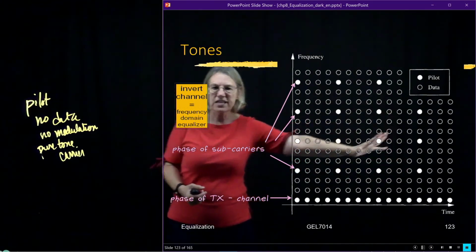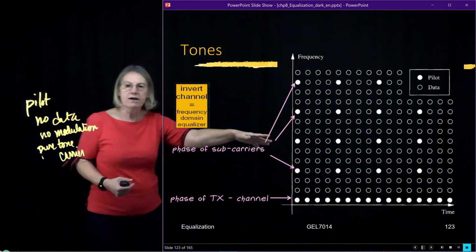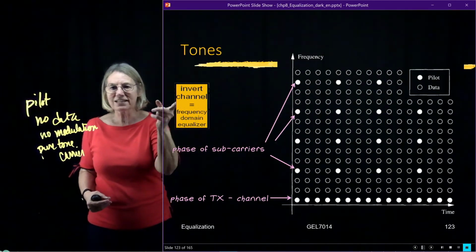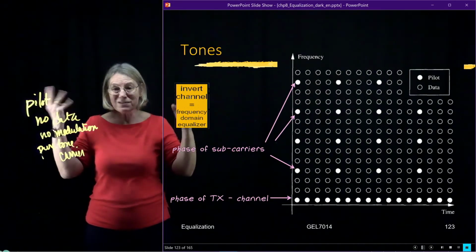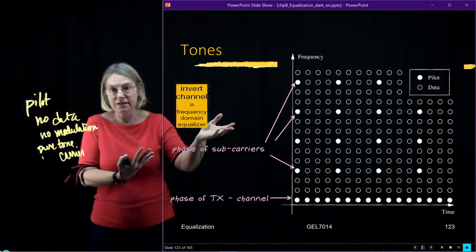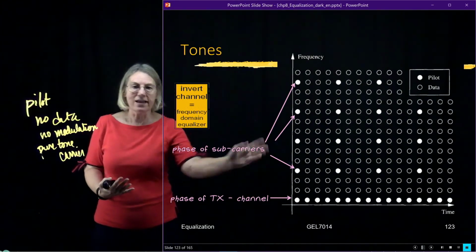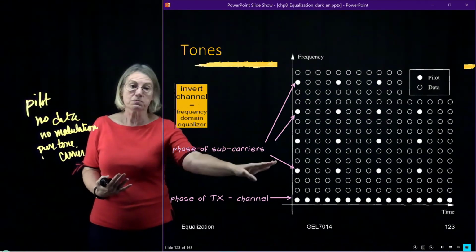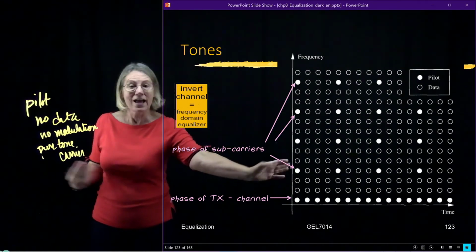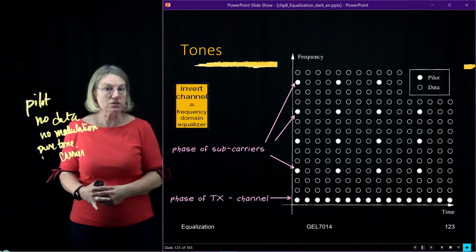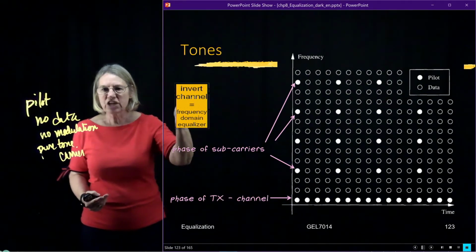That's why I tile this area with different pilots, and the pilots allow me to easily invert the channel. I don't really estimate the channel, I just observe it, and then I apply the inverse of it. If it introduced a 5-degree rotation, I just multiply by a -5 degree rotation, and I've gotten rid of it. In all of the neighboring ones, I assume it's the same and do the same simple channel inversion.